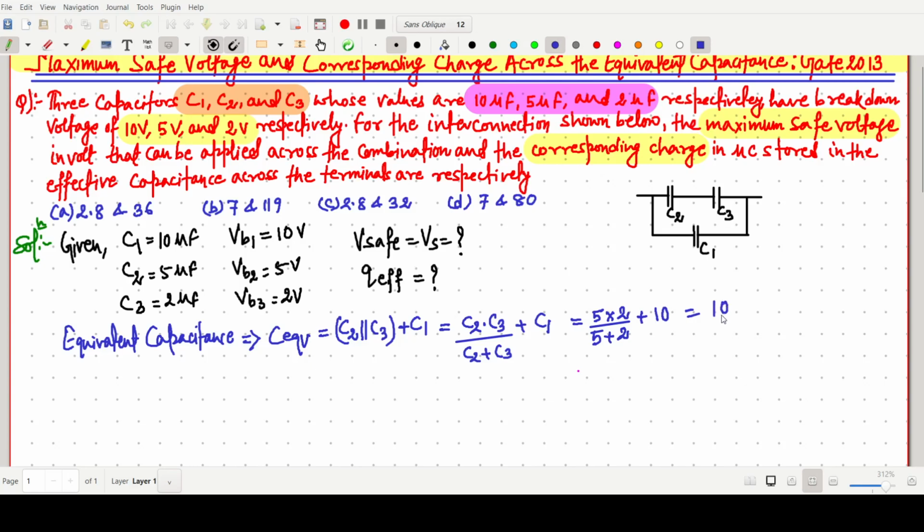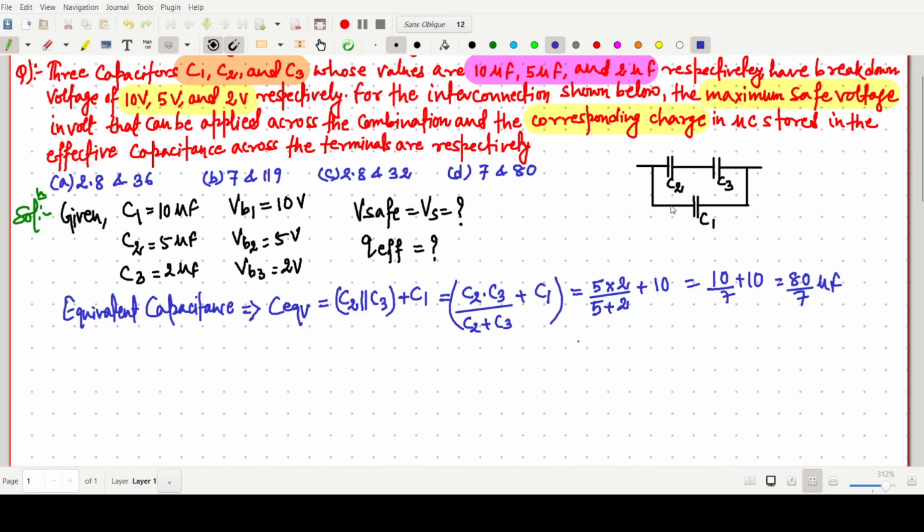So one can write 10 by 7 plus 10, that is 80 by 7. This value is in microfarad, and this is the equivalent capacitance.